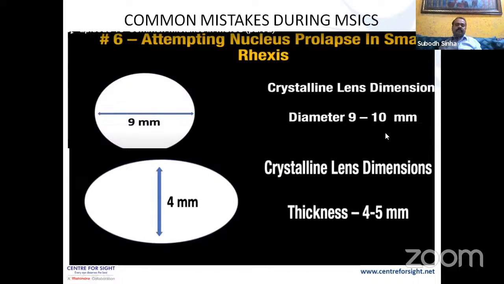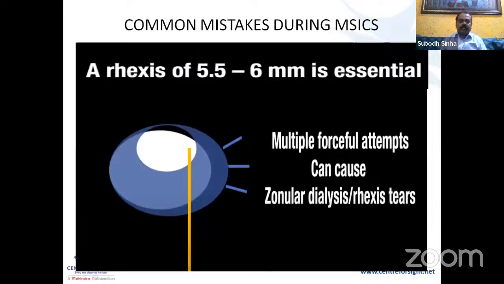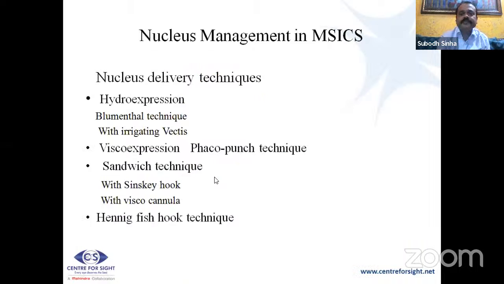As we know, the lens dimension is 9 to 10 millimeters, and the thickness is 4 to 5 millimeters. So you have to plan accordingly. If your rhexis is small and you make multiple forceful attempts, that may lead to zonular dehiscence because you are causing a lot of stress on the zonule.